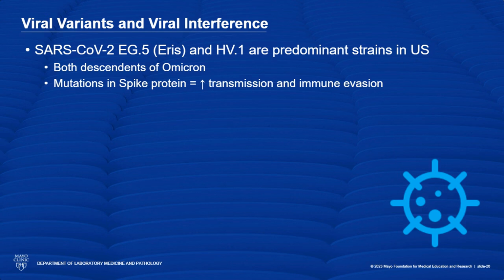They have mutations in the spike protein that lead to increased transmission and immune evasion. So they will likely continue to fuel the increase in cases, and there's a new strain that is also increasing in prevalence and over the course of the next month or two will likely replace EG5 and potentially HV1.